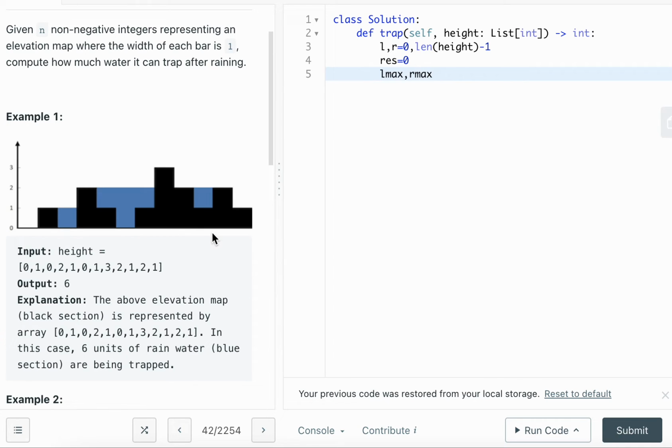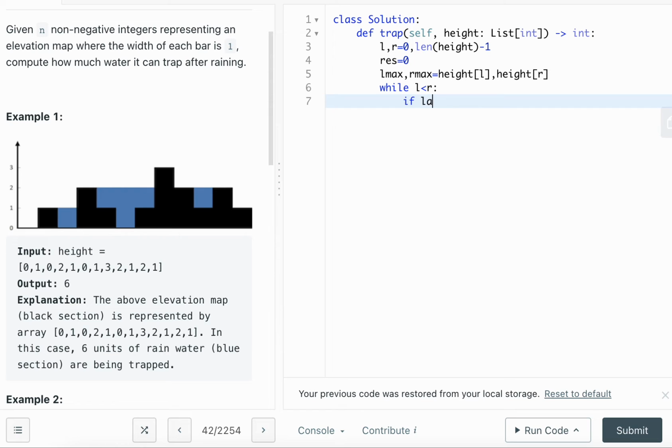At the beginning I set them to height[left] and height[right], because that's the initial value, where the left side is 0 and the right side is 1 in this case. I'm going to use the two pointers while left is smaller than right. The while loop breaks out when left and right meet each other.